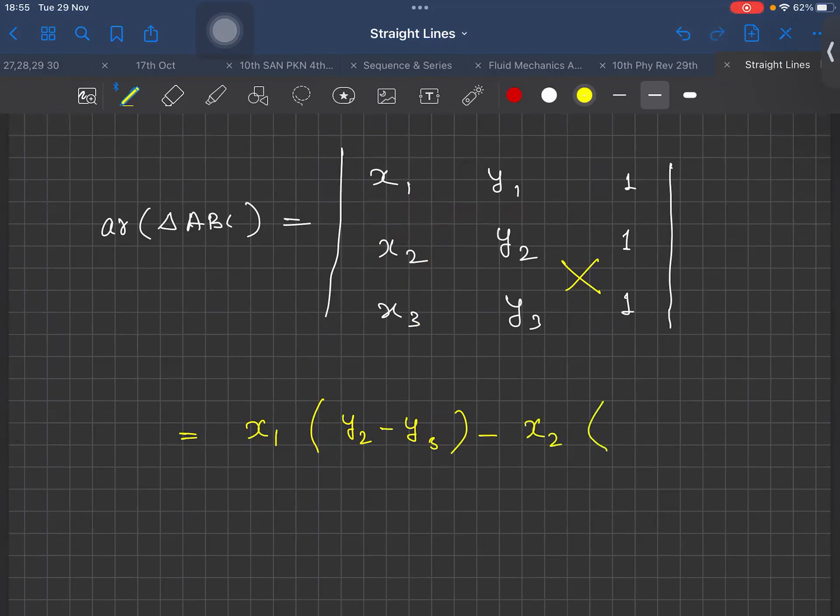Now, if you are choosing x2, that means this row and this column you won't be using. Only this multiplied with this minus this multiplied with this, right? So write down y1 minus y3, plus x3. What is the meaning? y1 minus y3. Okay. So this is your area of triangle.